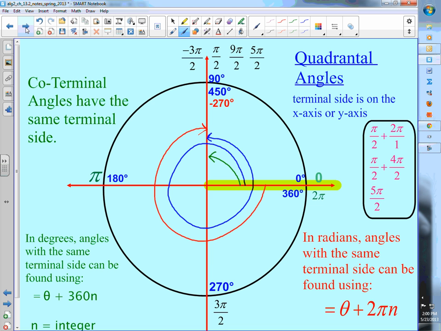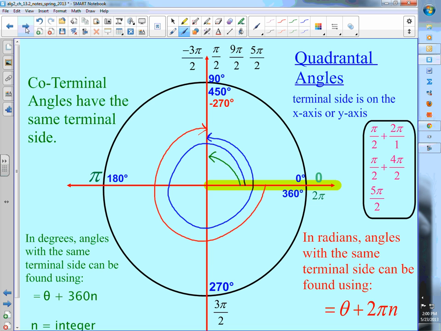Or a negative 3 pi over 2 radians. Everybody seeing that? Everyone but Michaela? I'm awake. All right, so all of these are coterminal, and some of these are the same, just different measurements.